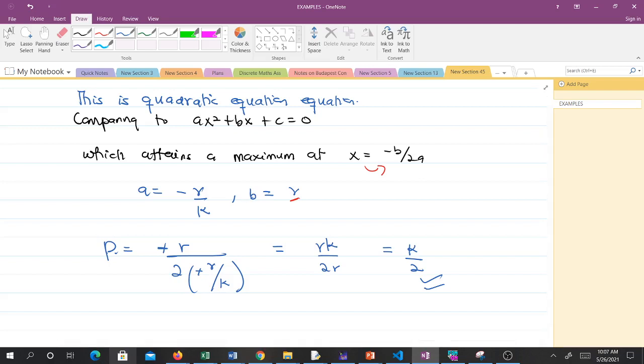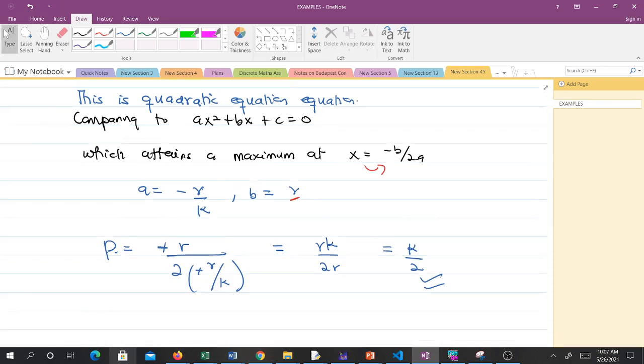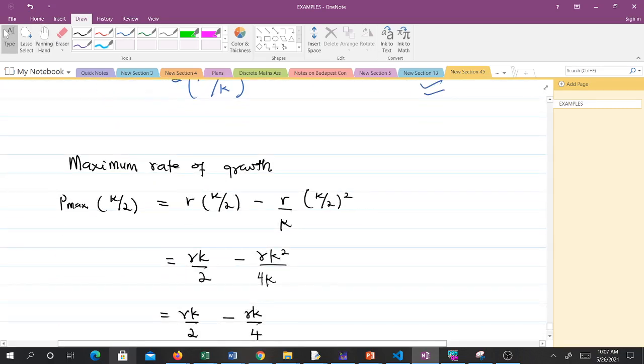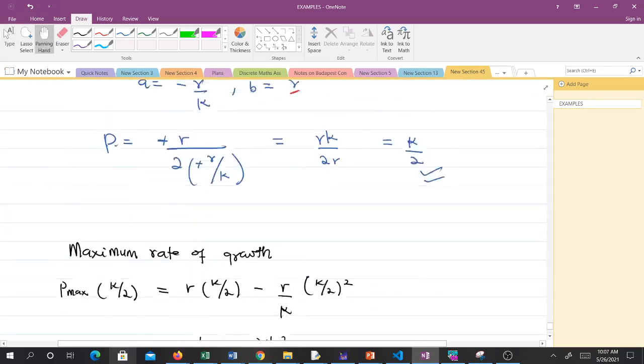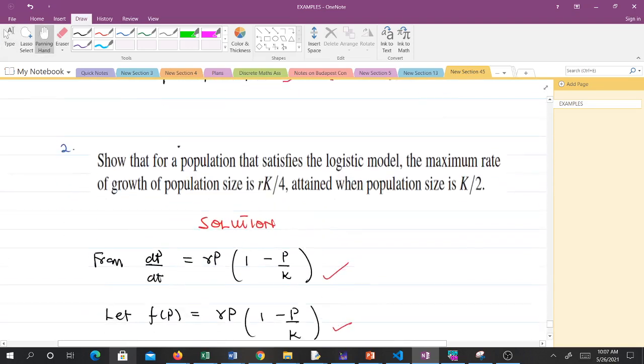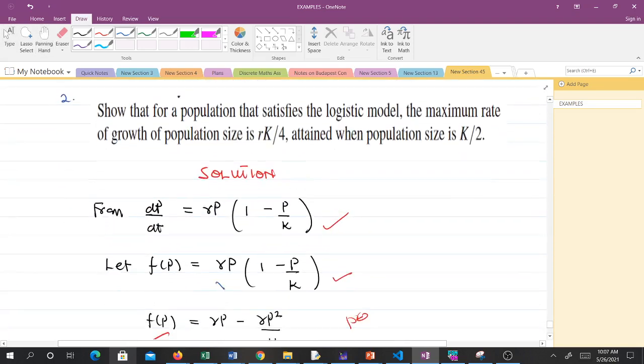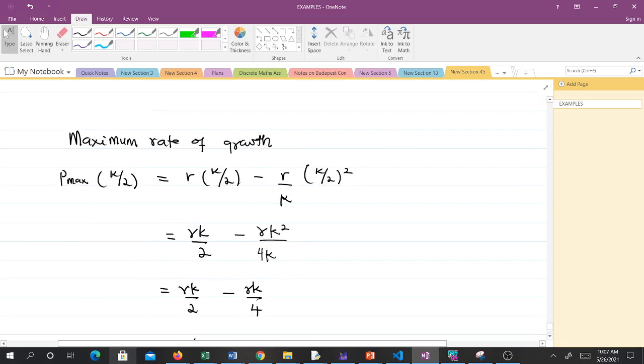So now let's find the maximum rate and see if it is indeed rk over 4. So you know that this is our f of p, right? Now we find p to be k over 2. So wherever we find p, we'll put k over 2 in this function. That's what will help us to achieve that.